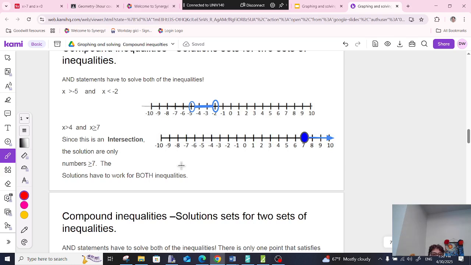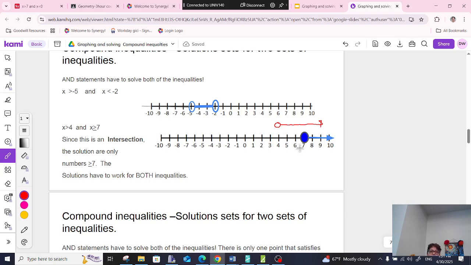Since it's an intersection, the only solutions are numbers greater than, I don't know, I didn't grade. Okay, so this is again one of those where I'm going to have two of them. I have this one for this, and if I graphed it just so you could see it, it'd be like this, but I'm looking for the overlap.